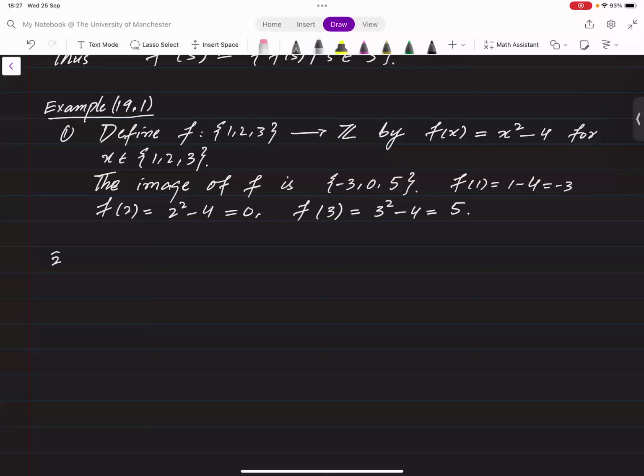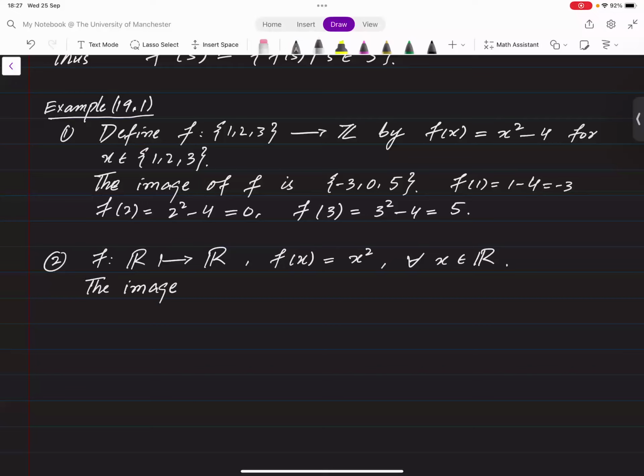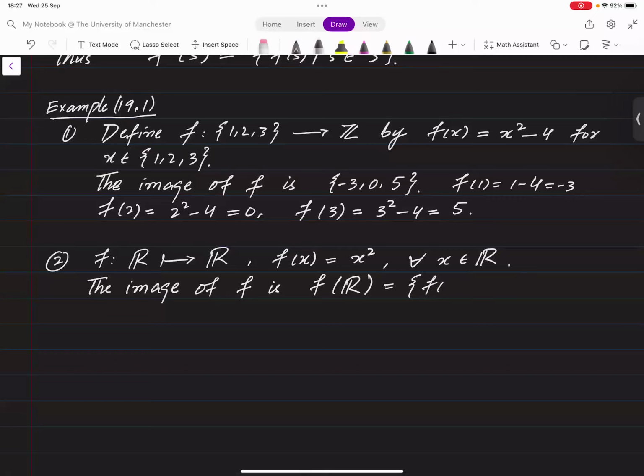Okay. Number 2, we have a function from reals to reals by f(x) = x squared for all x in R. The image of f is, if we apply this f on R, we will get y, given that y is also a real number, or we can more explicitly say that f(x) = y, given that y is a real number and y is greater than or equal to 0.